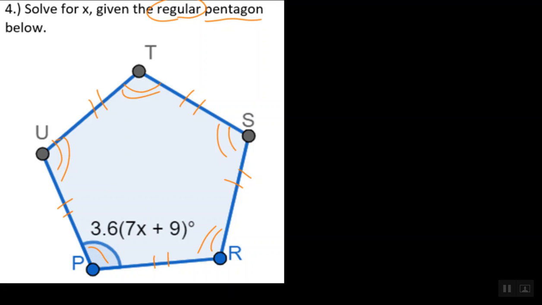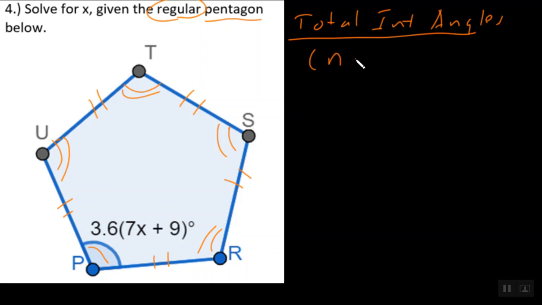Now from here, we actually need to do kind of 2 separate calculations. Number 1, we need to find the total interior angles. And I want you to recall, you need to memorize this following formula. It's the number of sides minus 2 times 180.